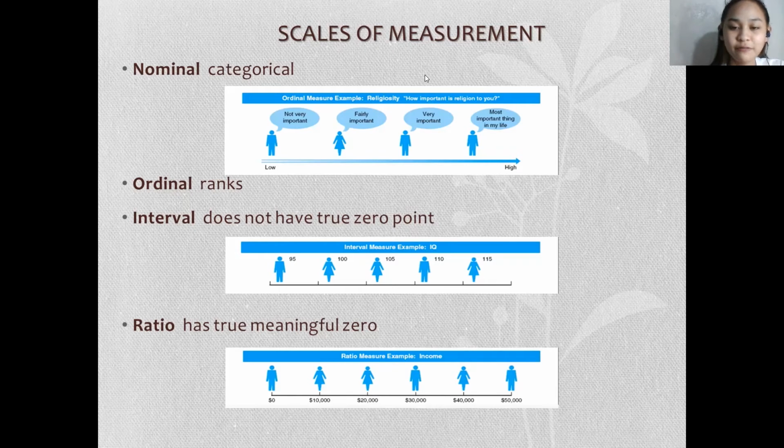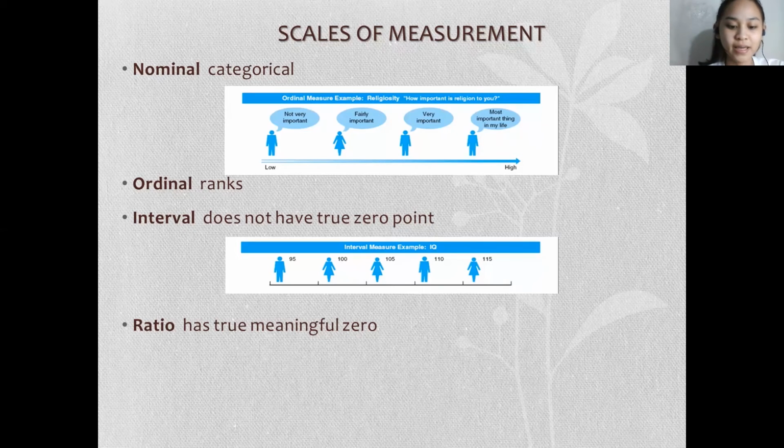Yung distance is 5. Next is the ratio. It has a true meaningful 0. Example, length of time. We start measuring time at 0 seconds and we know exactly the time between 30 and 90 seconds. It is exactly 60 seconds. There's an exact distance between and it has a true meaningful 0.